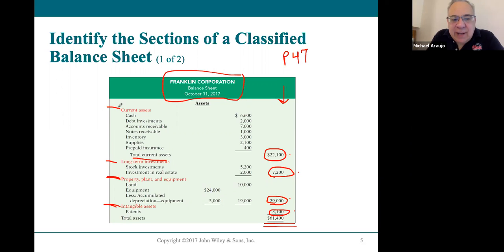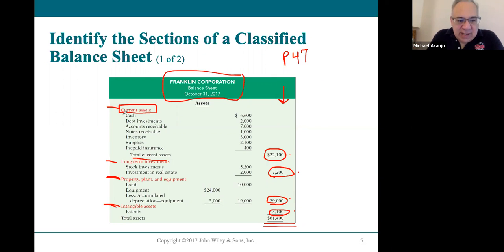Now, the most complicated part of the assets section of the balance sheet is current assets. So we need to spend a little bit of time on this, and you'll get used to it as we go. But current assets are listed first and foremost in liquidity order.